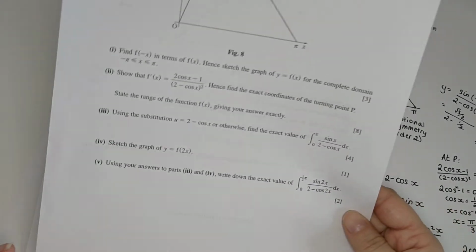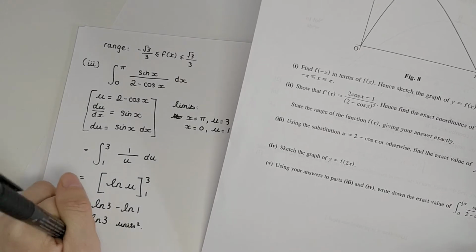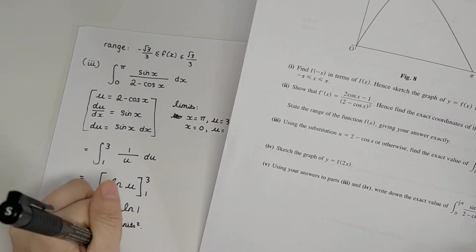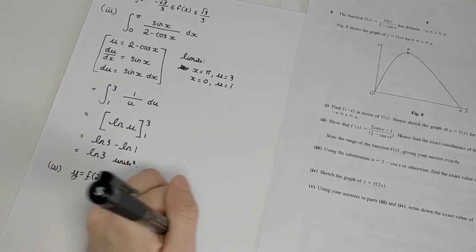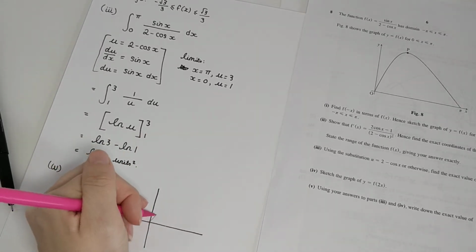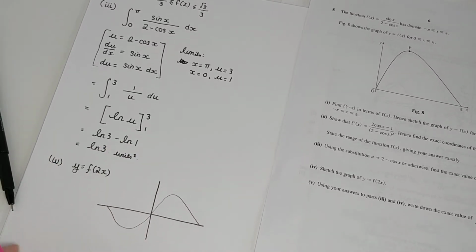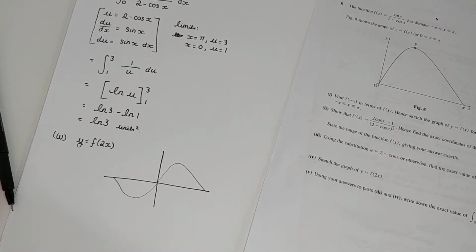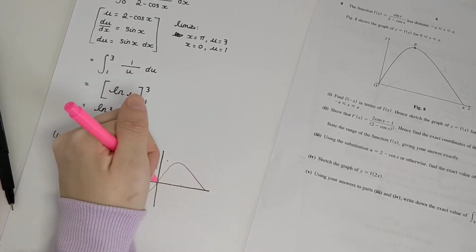Okay. Now sketch the graph of y equals f of 2x. Okay, wow. Let me draw the original, and then let me draw the f of 2x will be the same but halved.